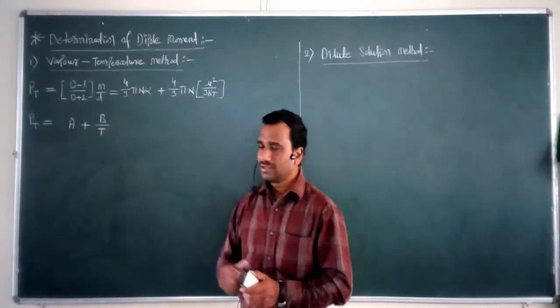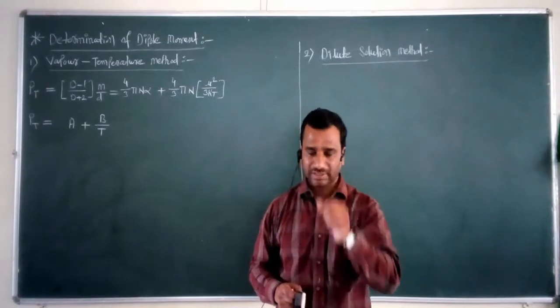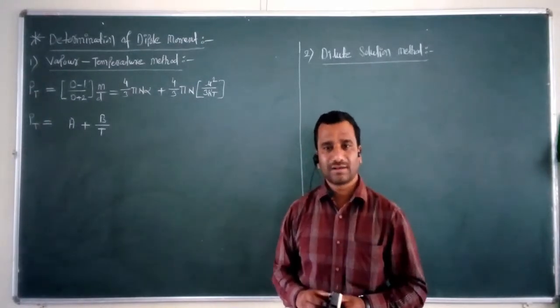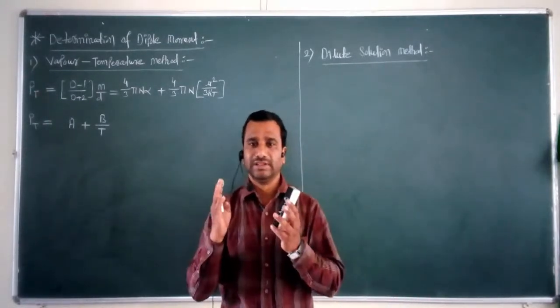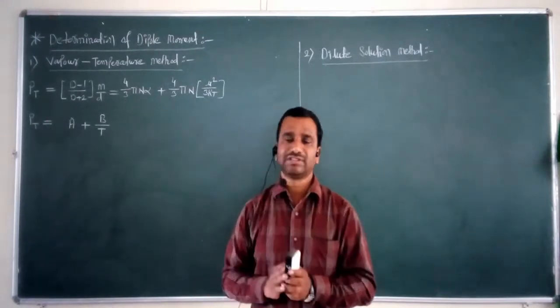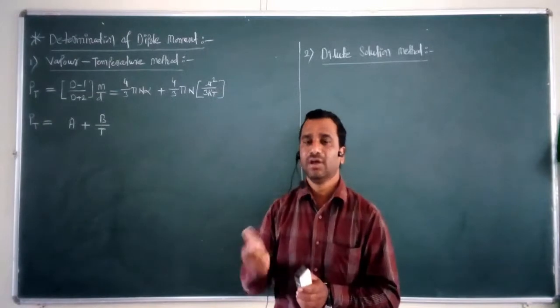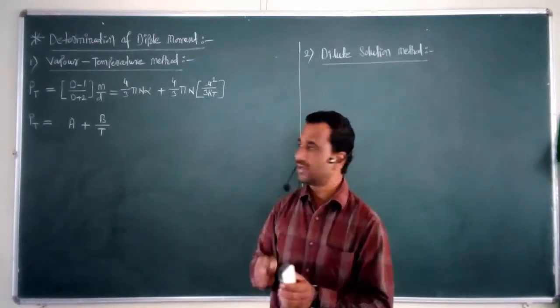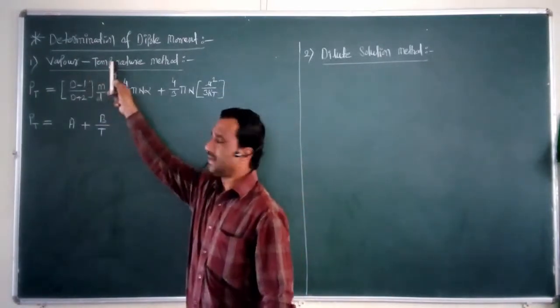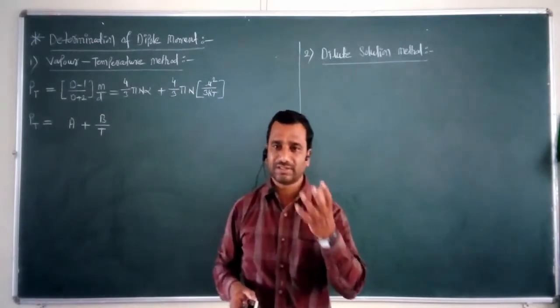Now once we know this particular equation, we consider one liquid compound or one liquid system. For this liquid system we have to take into consideration the vapor temperature, that is, the vapor temperature relationship for that particular liquid.